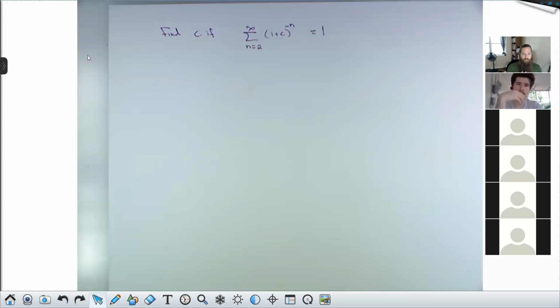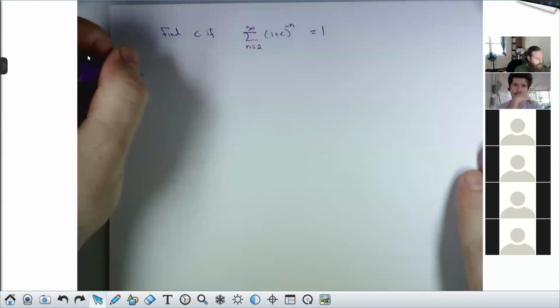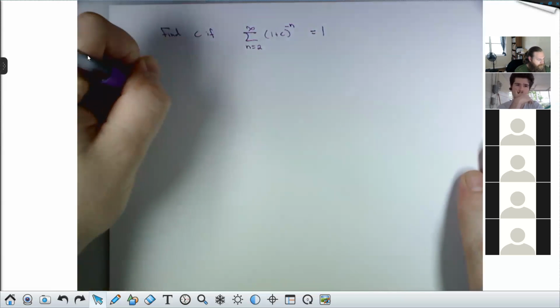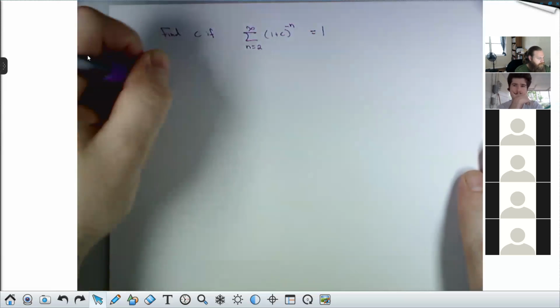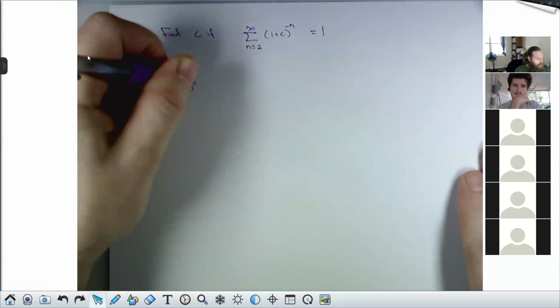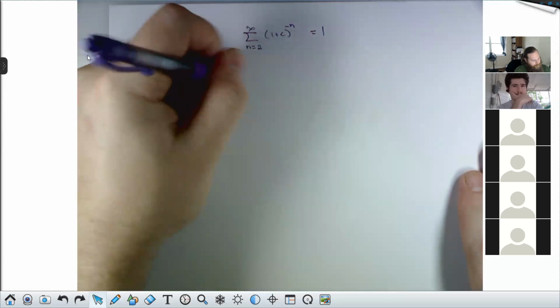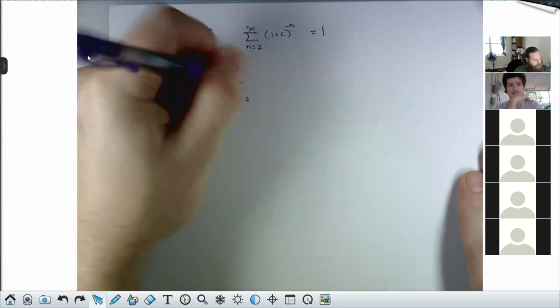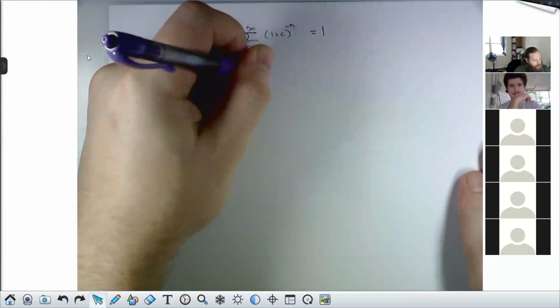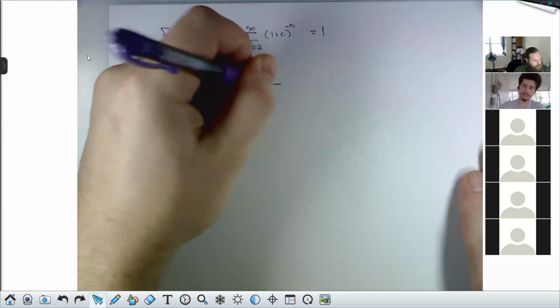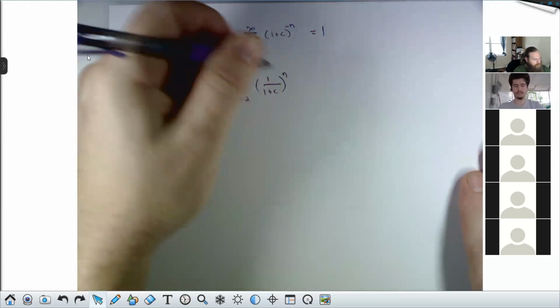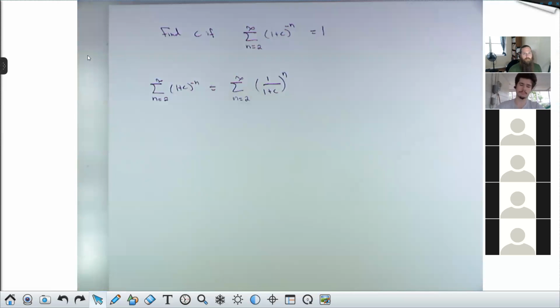Well, this is geometric. It's going to be 1 over 1 plus c to the n. Good. So I would begin by saying the sum from n equals 2 to infinity of 1 plus c to the negative n is the same as the sum from n equals 2 to infinity of 1 over 1 plus c to the positive n, which equals 1.